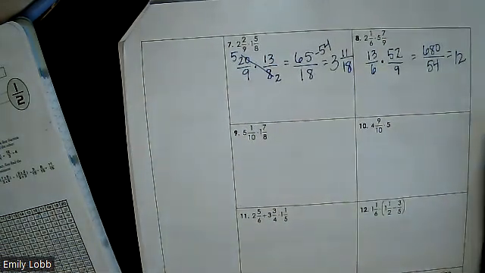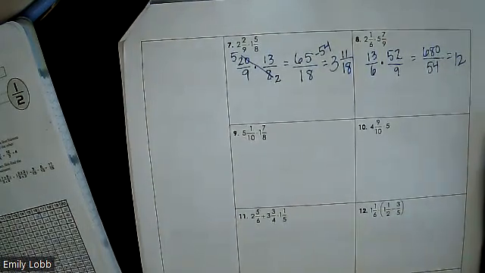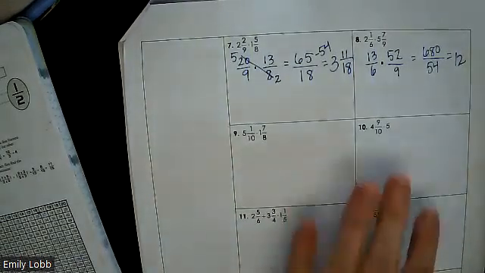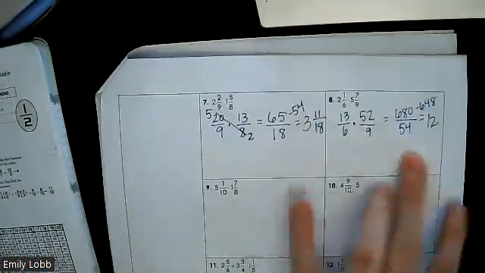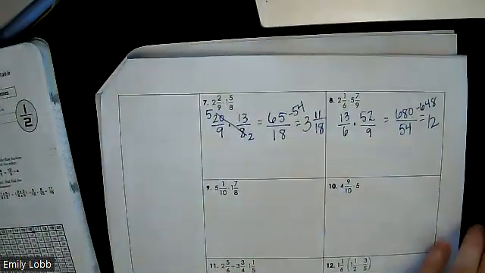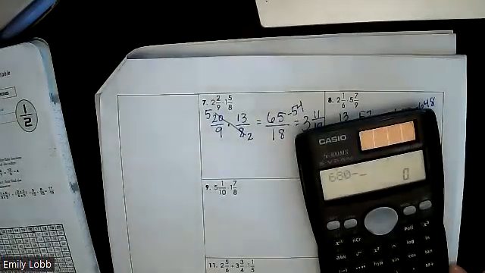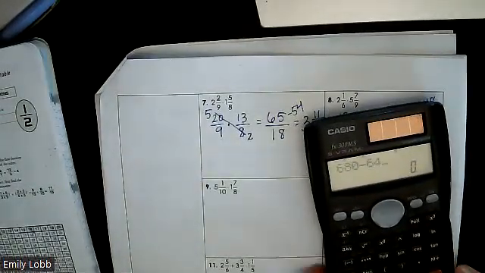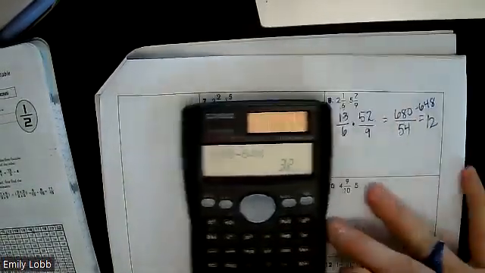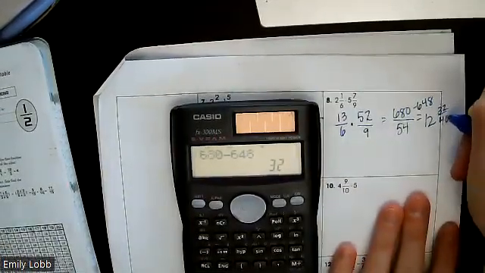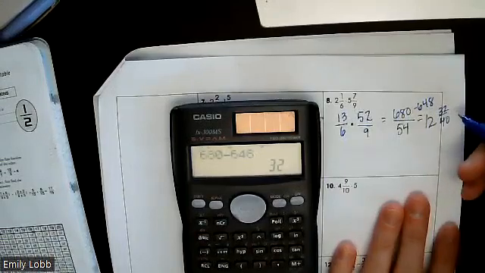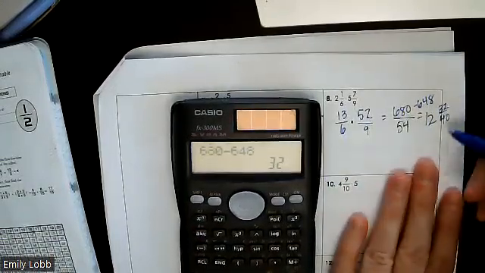So 680. Oops, clear. 12 times 54, 648. So 680 minus 648 is 32. 32 40ths, which is both divisible by 8, right?